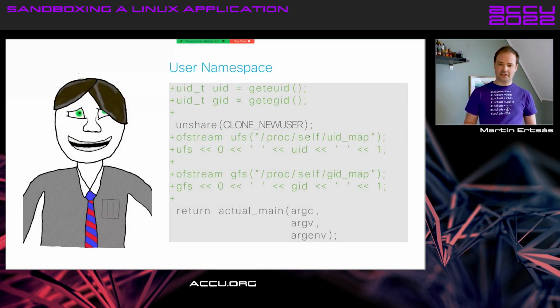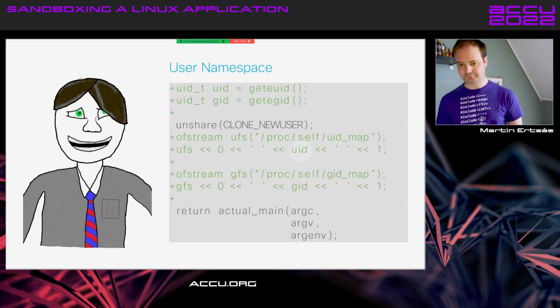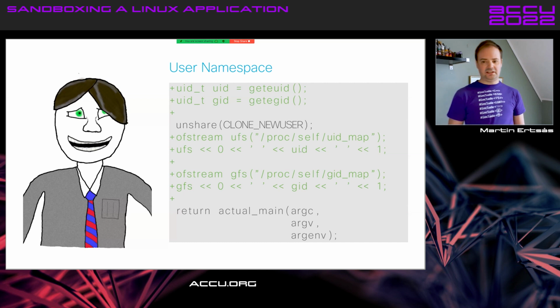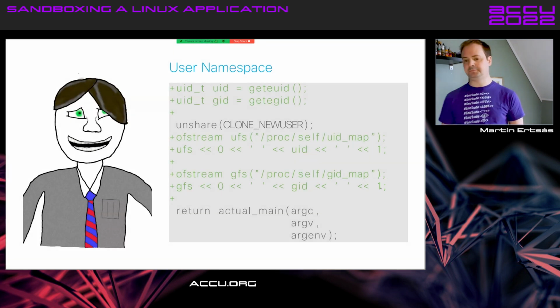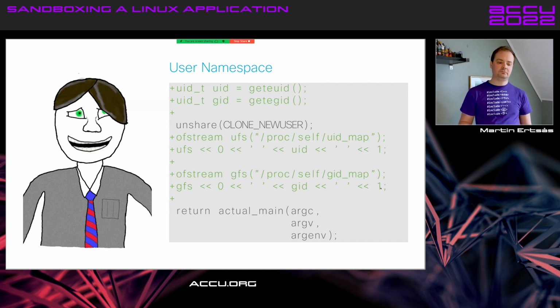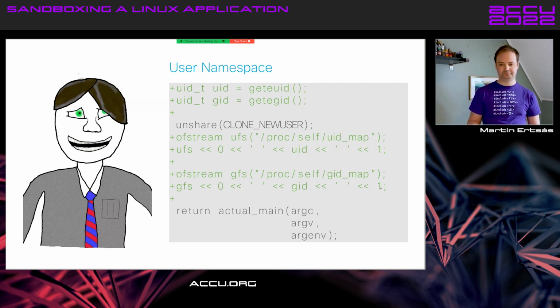And in there you write 0, 1001, assuming this UID is 1000, which it is on my system. And then you write 0, whatever your group is, 1 to /proc/self/gid_map. And these mappings should give you a running user with UID 0 and group ID 0.